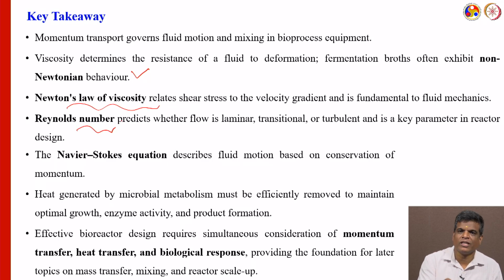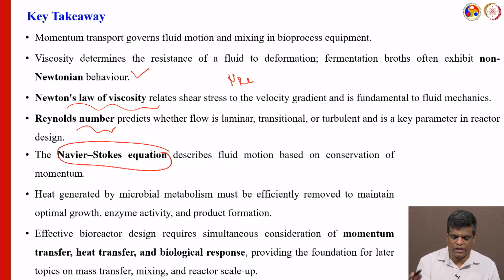Then we discussed the Reynolds number and how it works, whether the flow is laminar, turbulent or transitional, and we touched on the Navier-Stokes equation, which describes fluid motion based on convection and momentum. Finally, for momentum, heat and mass transfer, whenever you want to scale up bioreactors, we definitely need thorough knowledge of momentum, mass and heat transfer, otherwise we cannot set up a large scale reactor.